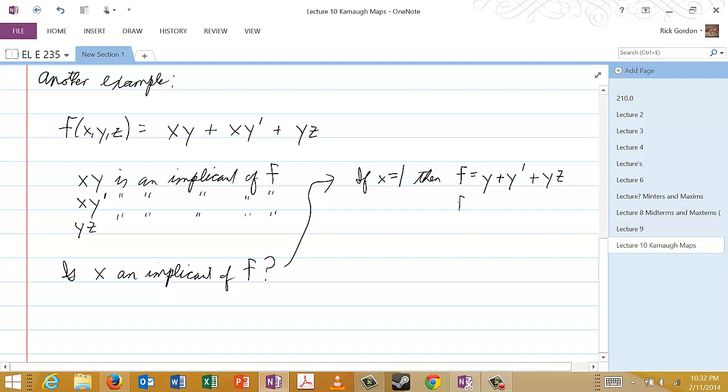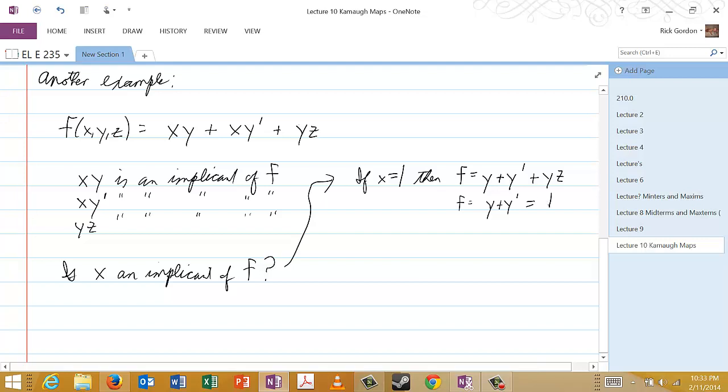Now, we see that the yz term could be absorbed into y, and so this would become y or y prime. But remember that any variable ORed with its complement is 1.